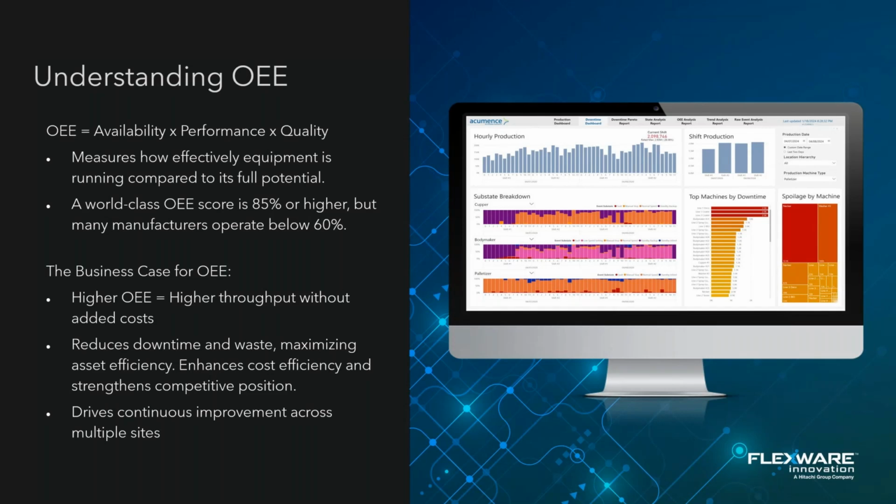And the big business case for OEE is not only the standalone percentage, it's that a good OEE tool will show you a lot, both through real-time data and historical data. You can see over here on this screen from Acumen, a high-speed performance tracking software, you have these Paretos and breakdowns. You're really getting insight into what's happening, and those gaps between 85 and 100% OEE are spelled out to you.